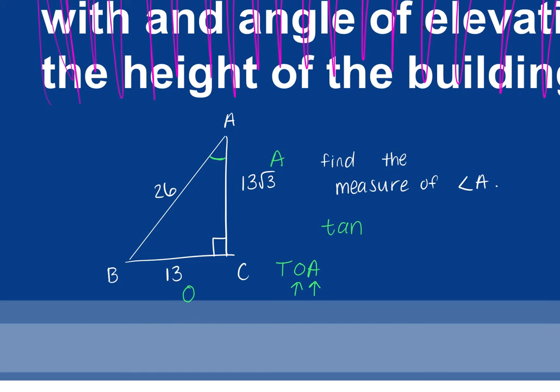Okay? So the tangent of A is equal to what? Excellent. 13 over 13 square root 3, right? Do you guys agree? Because O is our numerator, A is our denominator.